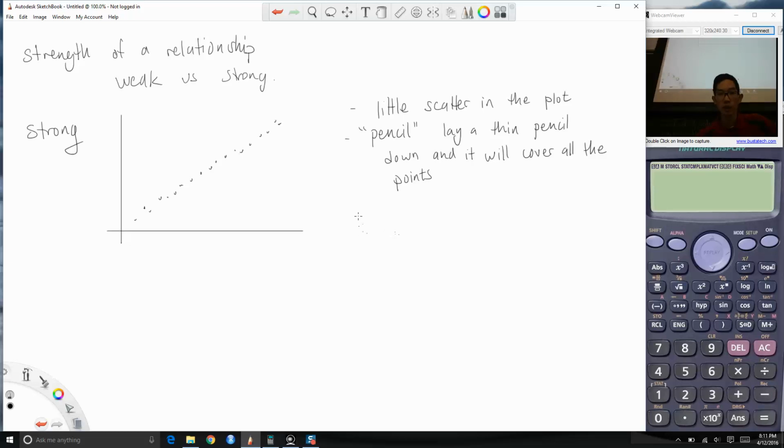A benefit of this would be that if we are given a certain value of x, we can make very good predictions of y.